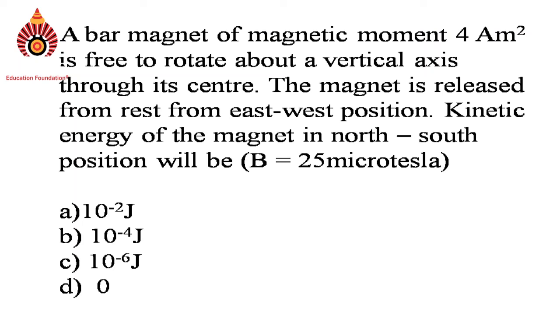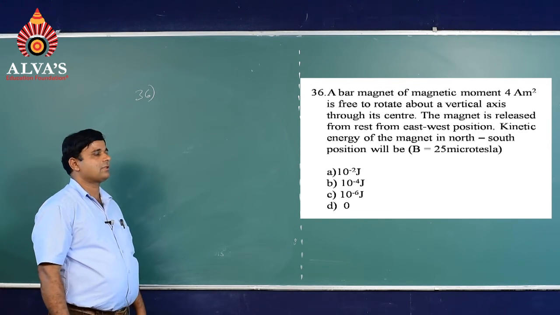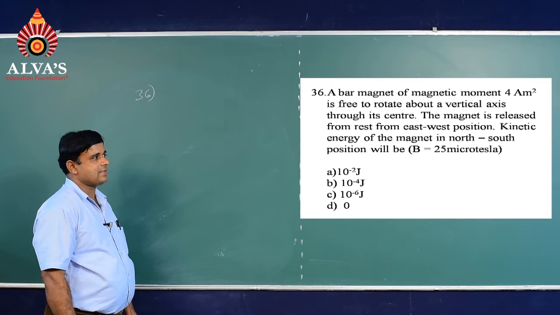A bar magnet of magnetic moment 4 ampere meter square is free to rotate about a vertical axis through its center. The magnet is released from rest from the east to west position. Kinetic energy of the magnet in the north south position will be? B is given as 25 micro Tesla. The bar magnet is free to rotate about the vertical axis.